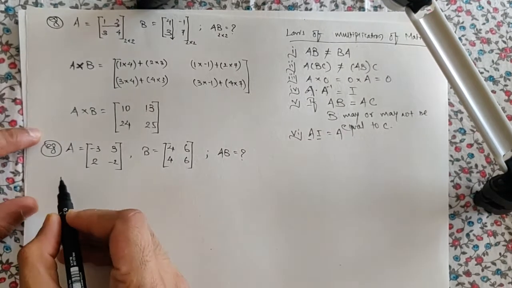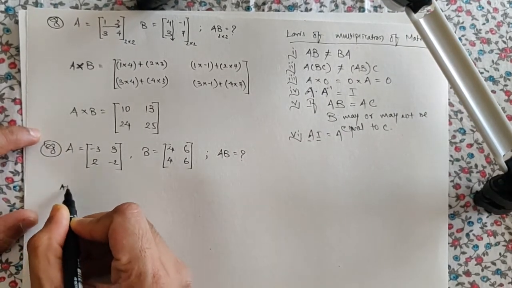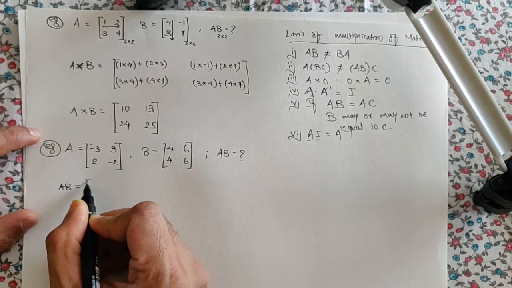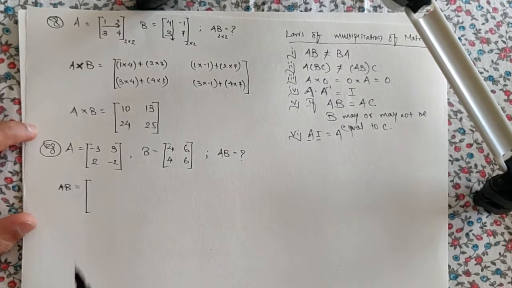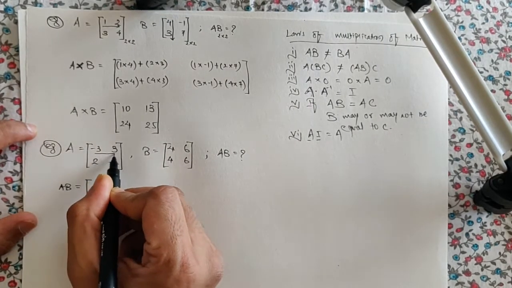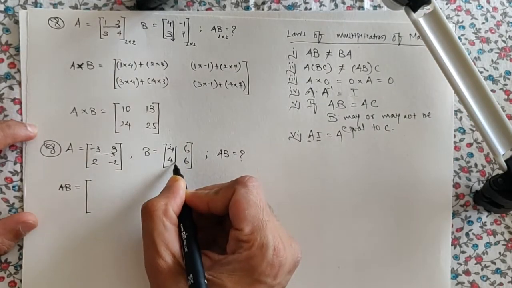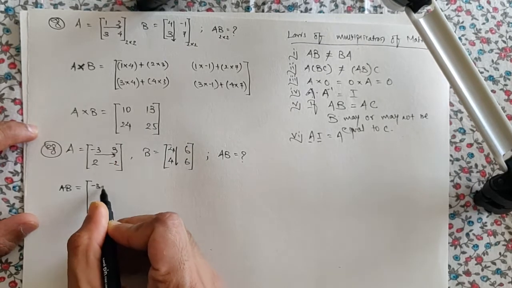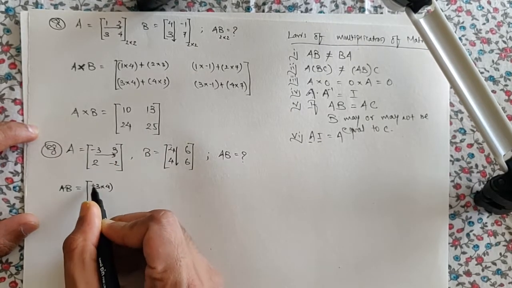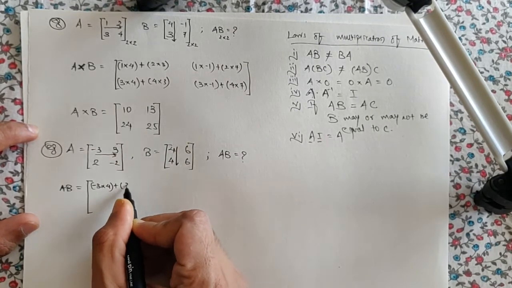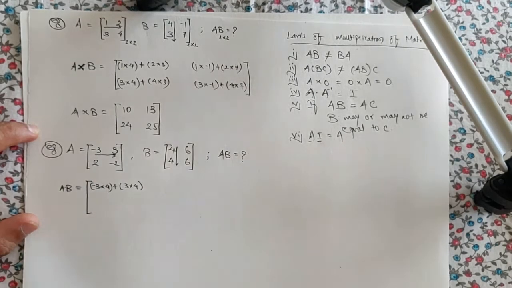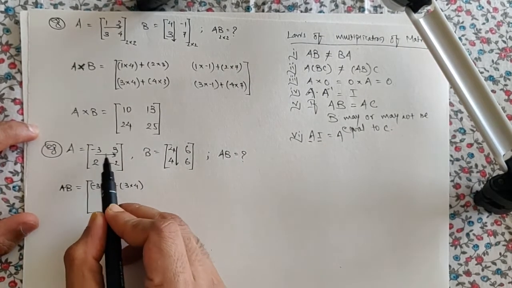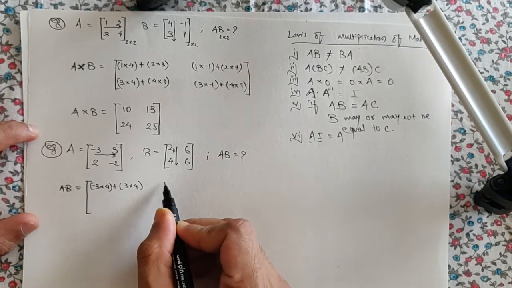Okay, so AB. As I told you, in multiplication you first multiply the first row with the first column. So minus 3 into 4 plus 3 into 4. Then the first row with the second column.